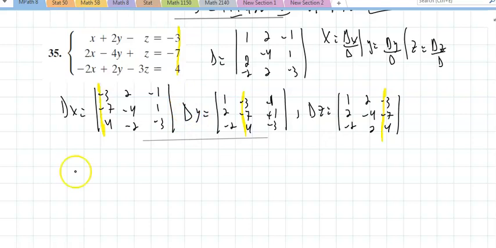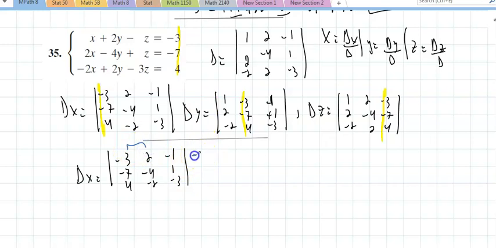So if I decided to find D sub x, I could use the shortcut. That is, I could add the first two columns. That's fine.